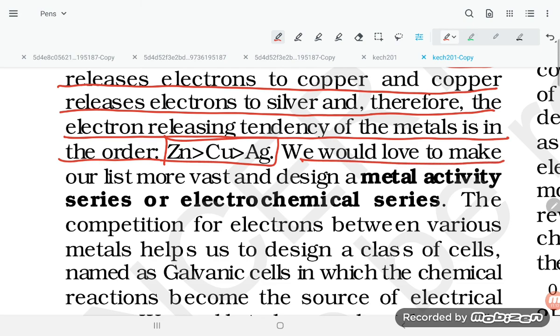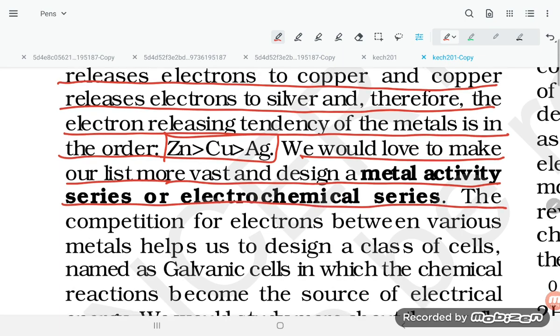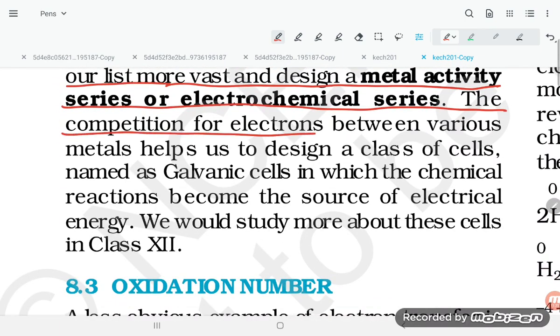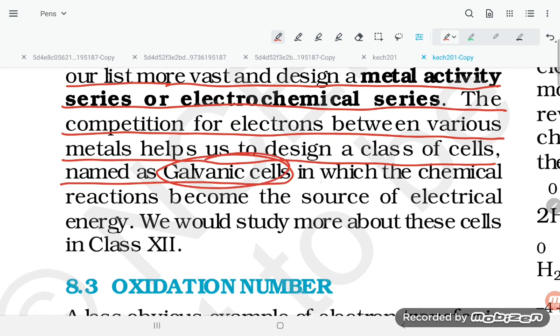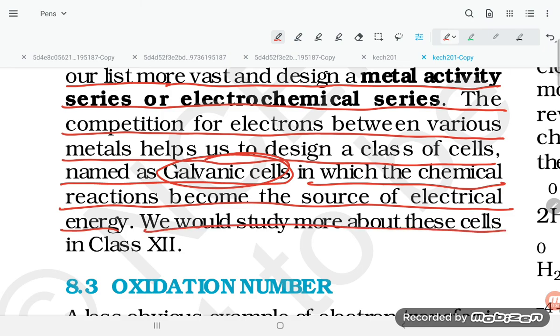We would love to make our list more vast and design a metal activity series or electrochemical series. The competition for electrons between various metals helps us to design a class of cells named galvanic cells, okay, in which the chemical reactions become the source of electrical energy. We would study more about these cells in class 12.